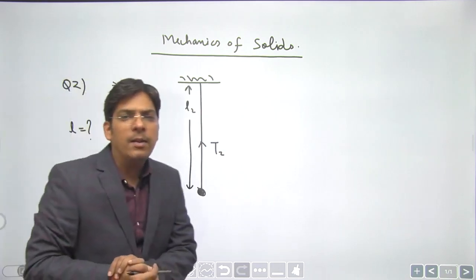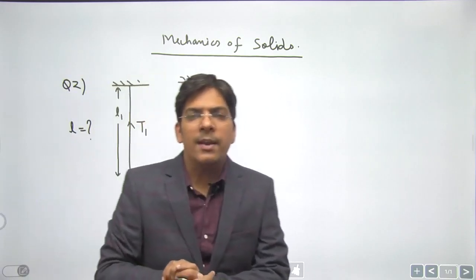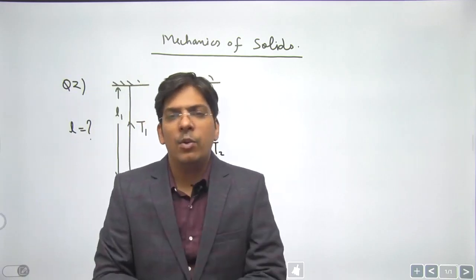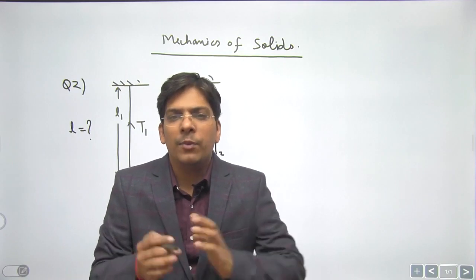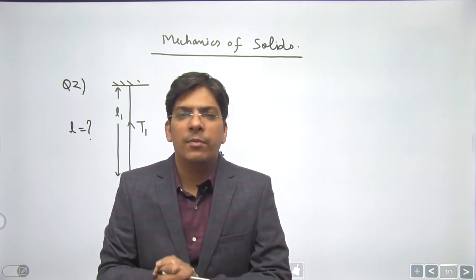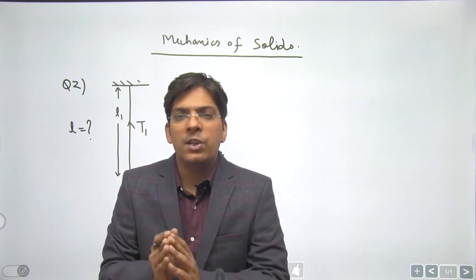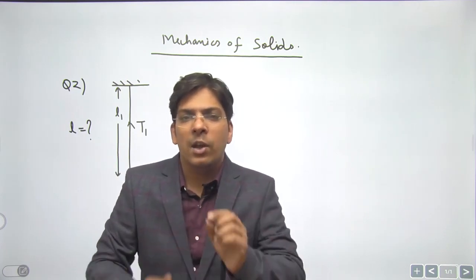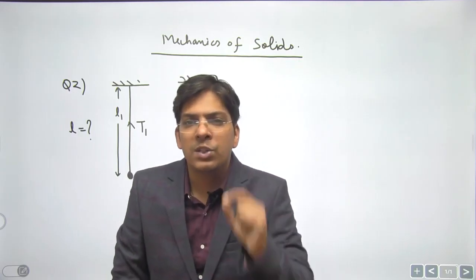See, the main concept is that whether you are going to extend the wire with the help of a small weight or a large weight, Young's modulus is not going to change. If there is small extension or large extension, Young's modulus is not going to change.